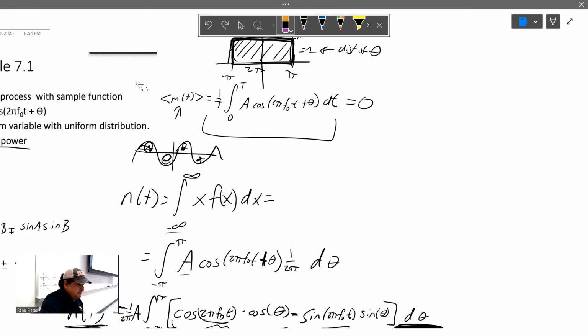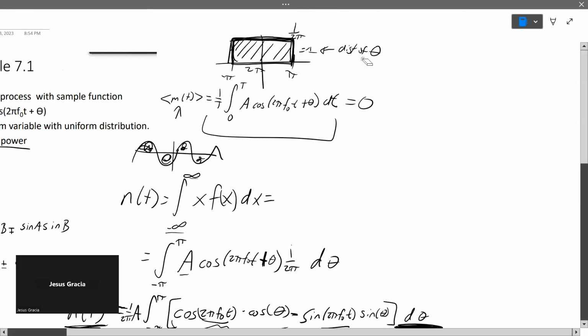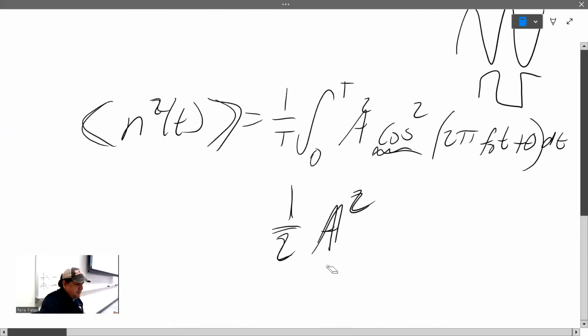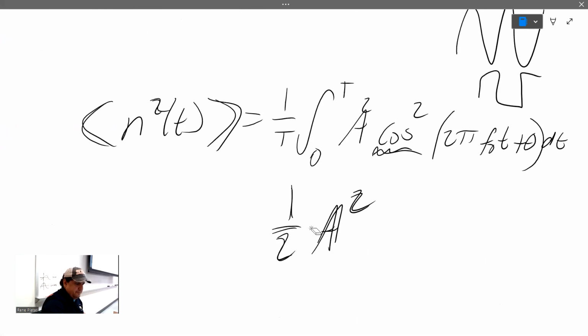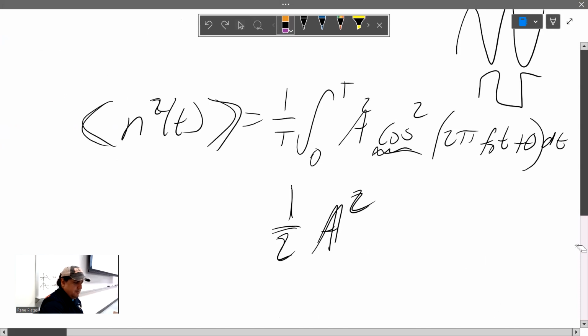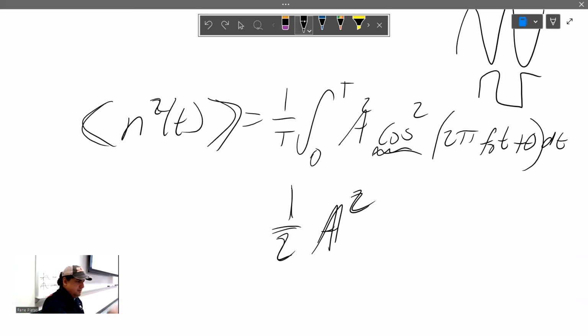DC. Total power. N squared is total power. Yes, I'm looking at Sun's note, that's total power. Alright, now we have our DC power and our total power.